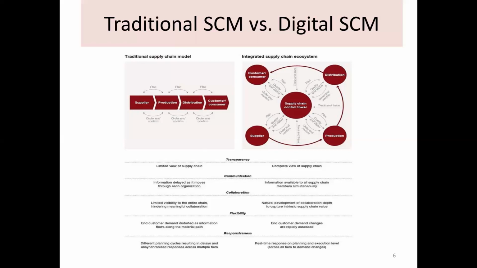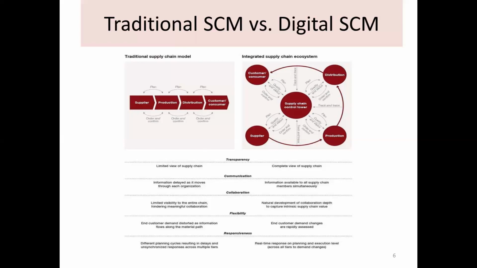In the collaboration system, there is limited visibility of the entire supply chain, such as only the supplier giving information to production people. The production people get the information from the supplier and give information to distribution. But in the digital supply chain, all the information can be shared collaboratively. In flexibility, end customer demand is distorted as information flows along the material path.